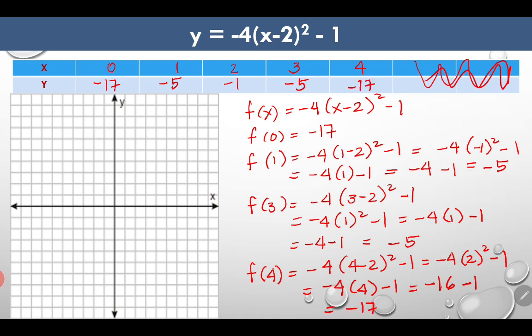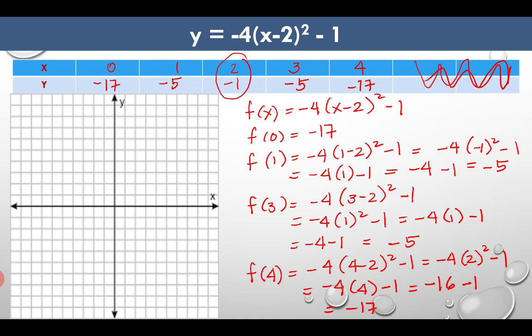So notice that the values from the vertex, okay, so yung vertex yung gitna. So mapapansin nyo kung ano yung nasa kanan is the same nung nasa kaliwa. Again, because a parabola is a symmetrical graph. Ibig sabihin, magka-mirror sila, magkamukha sila. Kung ano yung nasa kanan, parehas nung nasa kaliwa.